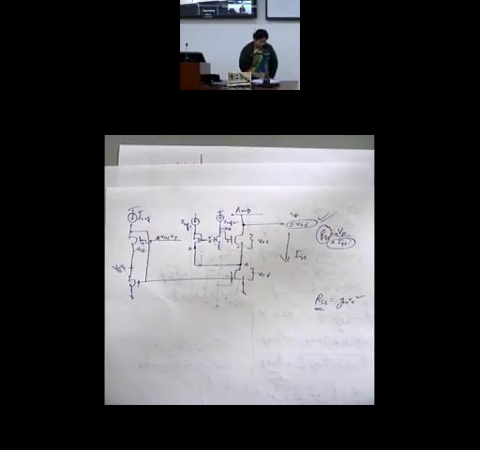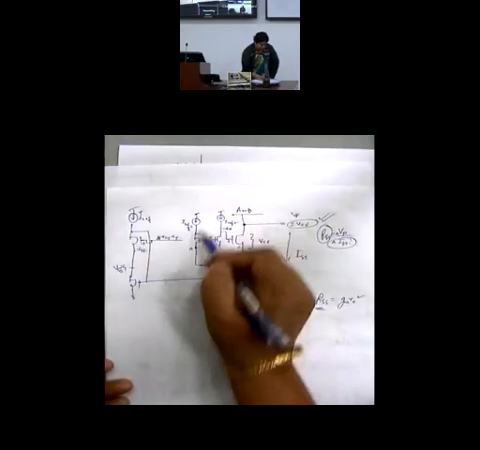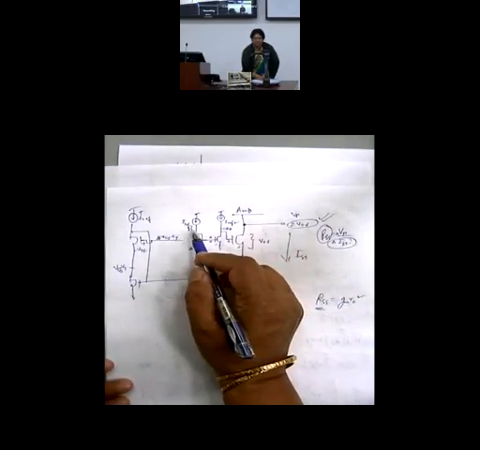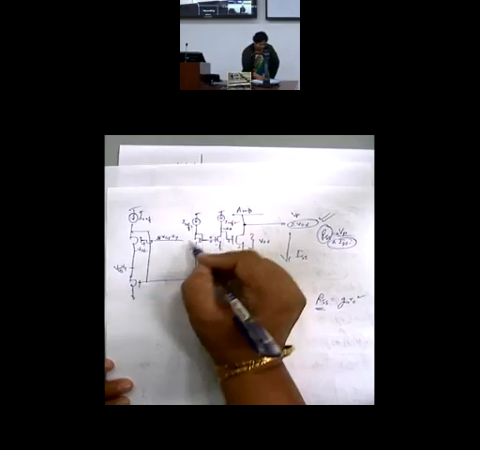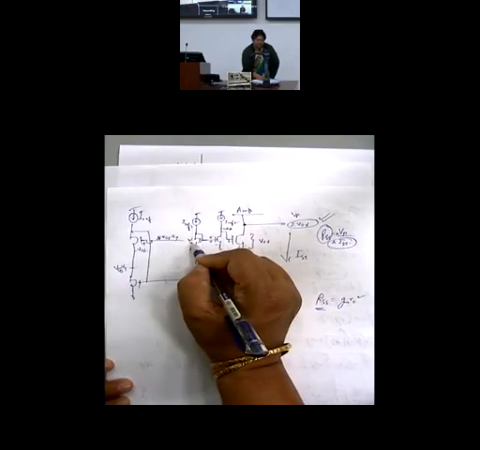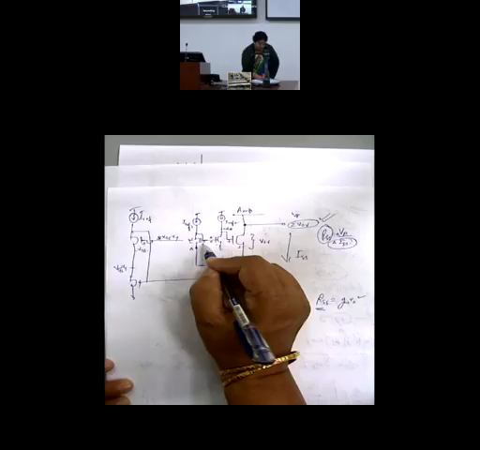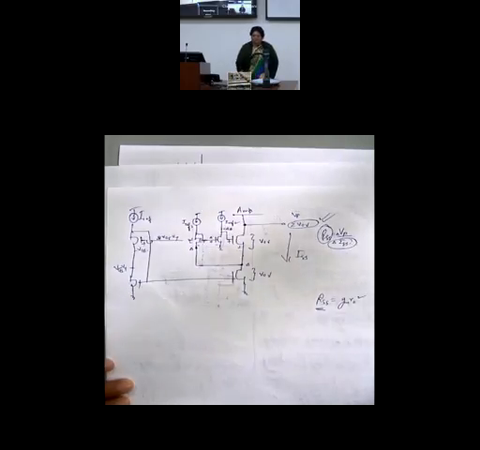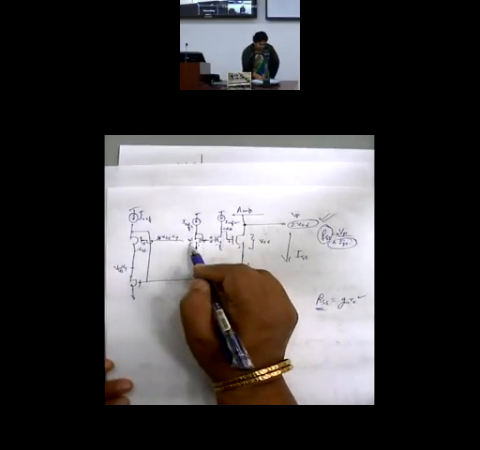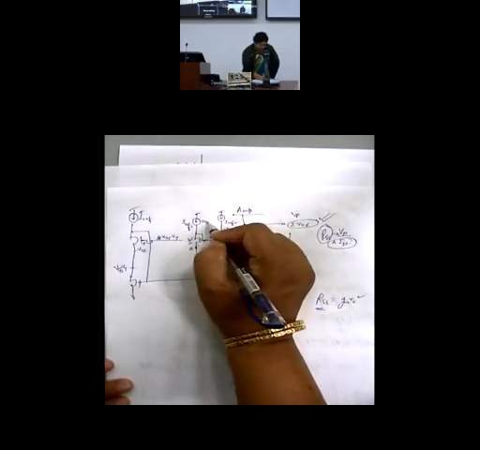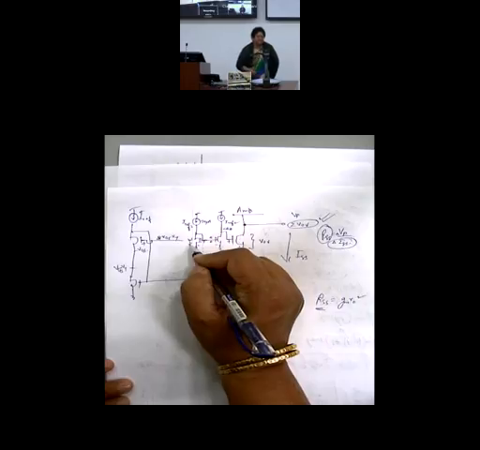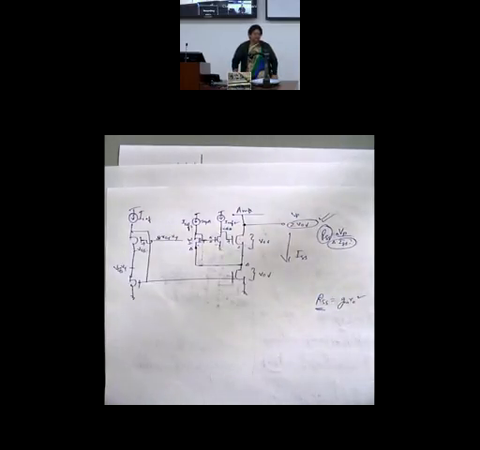So I have an IREF3, suppose IREF3 is 20 microampere. For a W by L of say 10 or 20, this will have a specific VGS. Because it has to carry a current of 20 microampere and W by L is fixed, the VGS has to remain fixed.